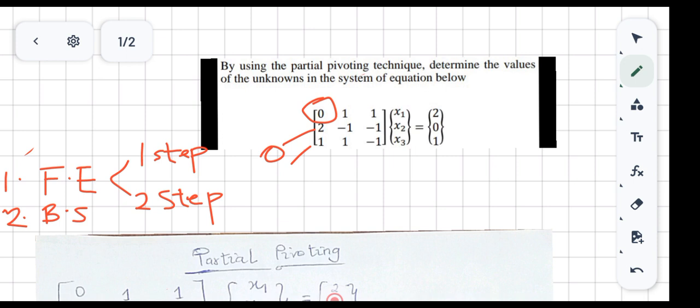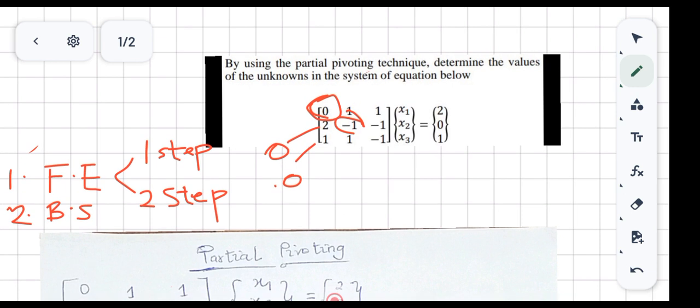We also pivot on the same value to cause the 1 to go to 0. That is the first step of forward elimination. For the second step of forward elimination, we pivot on this value here to cause the one below it to also go to 0. Basically, that's what we are coming to do.